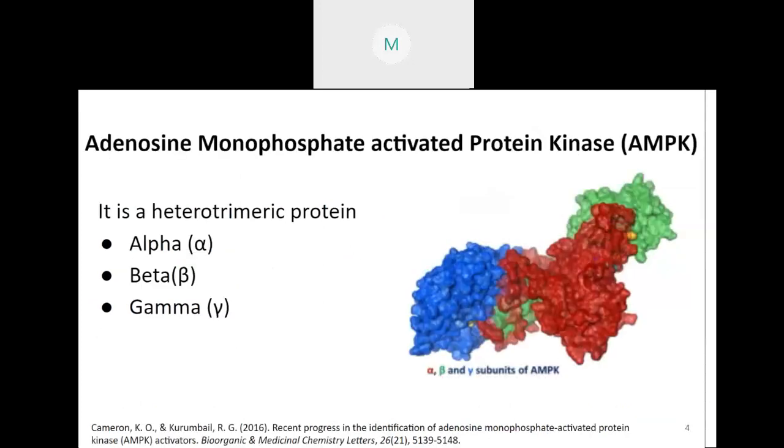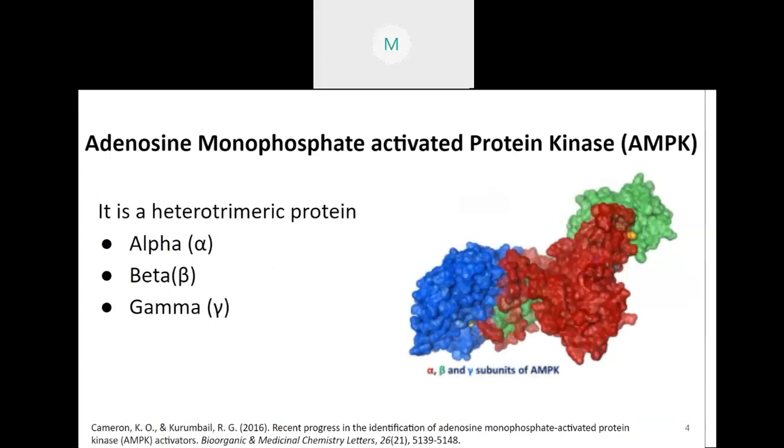Adenosine monophosphate activated protein kinase is a heterotrimeric protein. It contains three subunits: alpha, beta, and gamma. Each of these subunits takes a specific role in both stability and activity of AMPK.